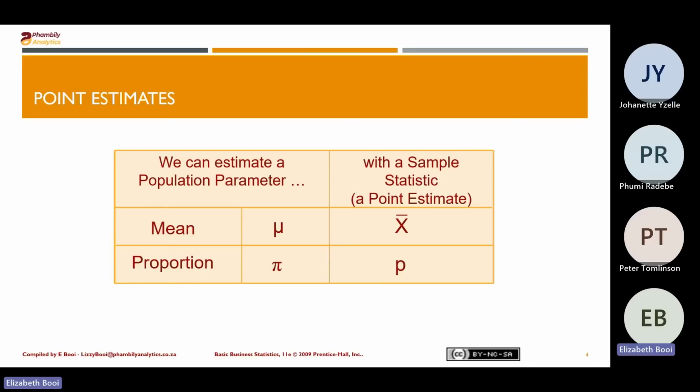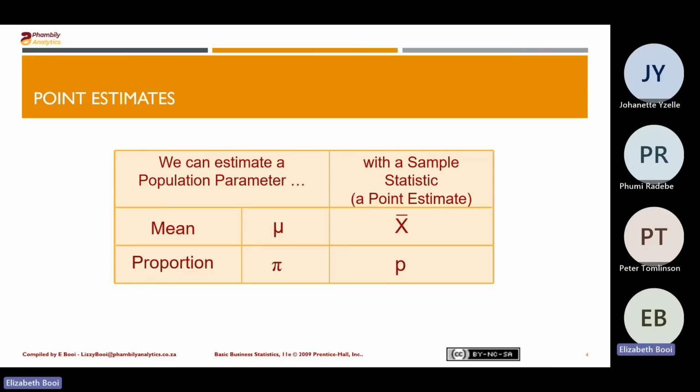So what do we mean by point estimate? Remember the difference between a parameter and a statistic. Parameters are measures that come from a population, and they use the Greek letters. Like the population mean will use mu, proportion will use pi. Statistics are those measures that come from a sample.